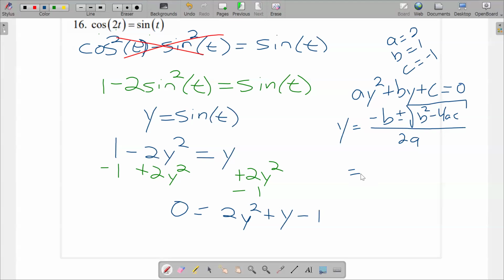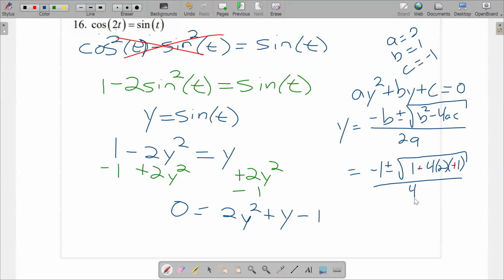All right, so opposite of 1, plus or minus the square root of 1 squared, which is just 1, and then minus 4 times 2 times negative 1. I'm just going to change some signs right away, so that's now going to be a plus. And then that's divided by 2 times 2.